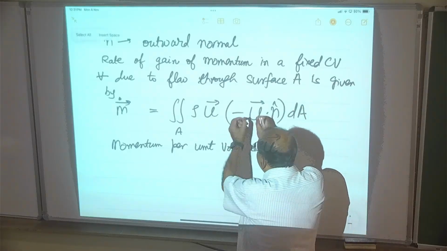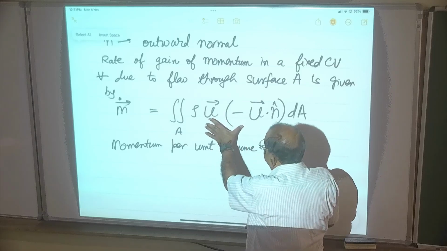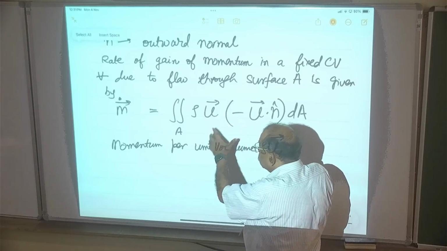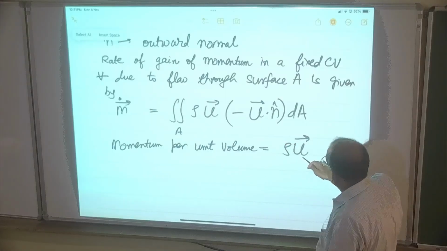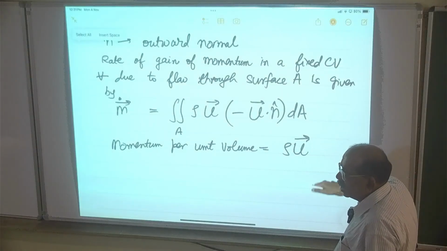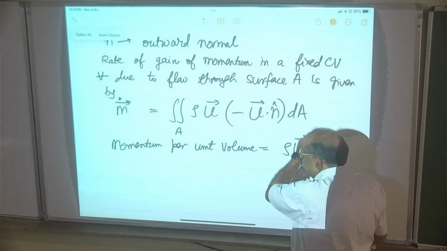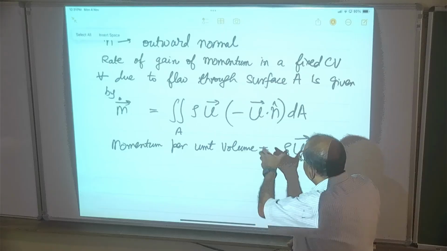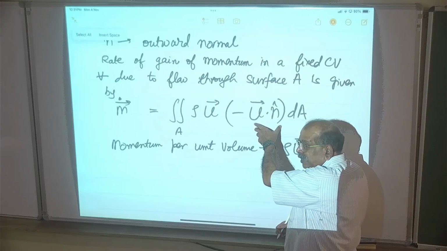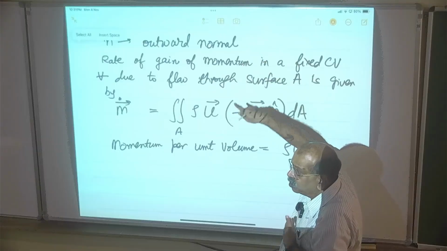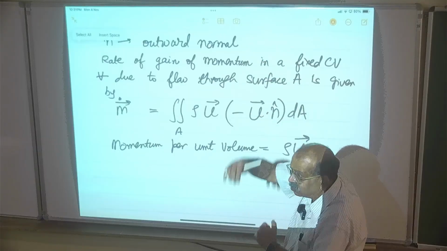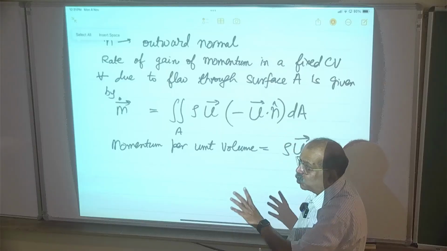So we calculate over each part of the area. First I'm calculating the integrand. Now momentum per unit volume will be rho u. And how much is the inflow of volume through this area dA? That is equal to u dot n dA. U dot n will be the outflow, so I put a minus sign, that will be the inflow, because n is always pointing outwards.